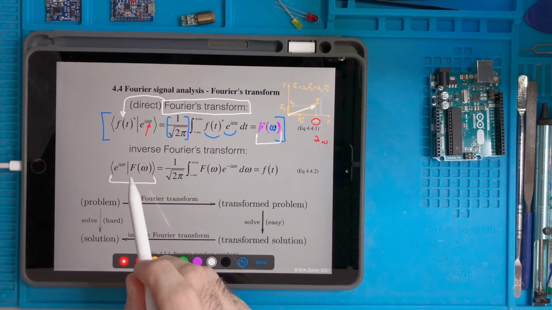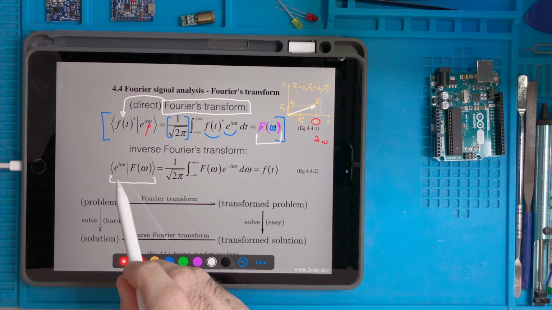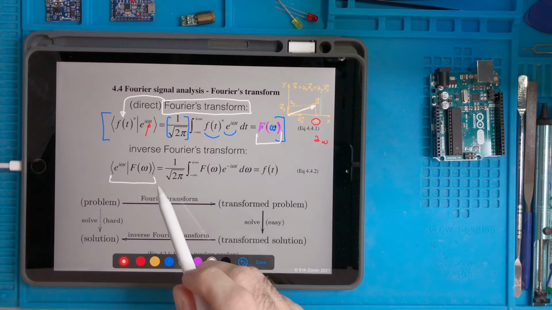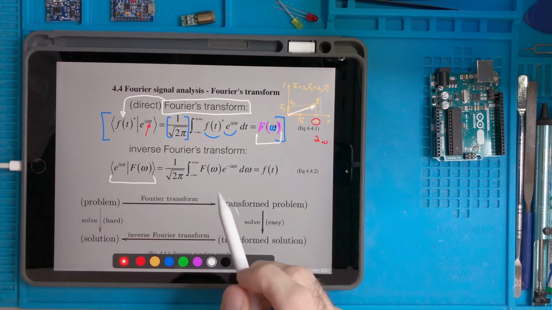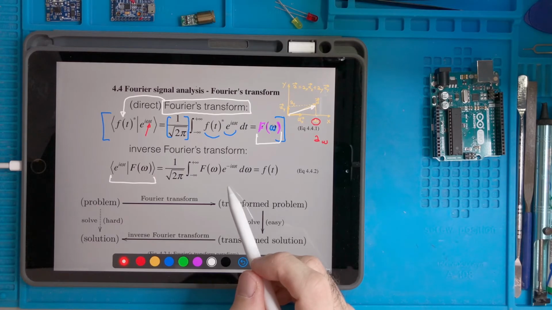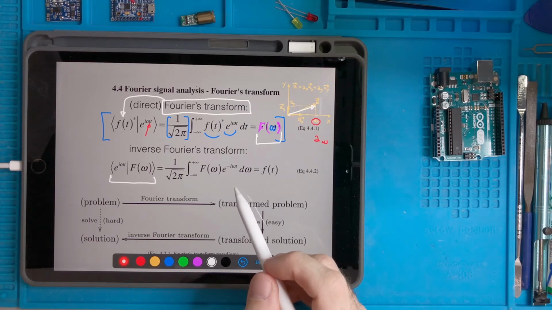It means that we have to multiply this by this and summate, but by summation we mean integration, because it's a continuous function.